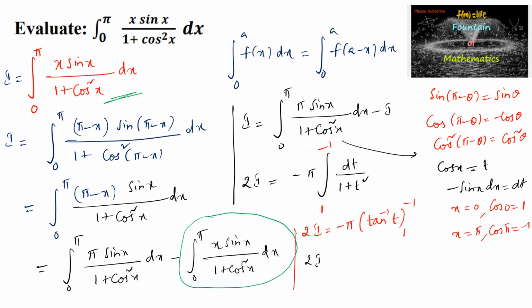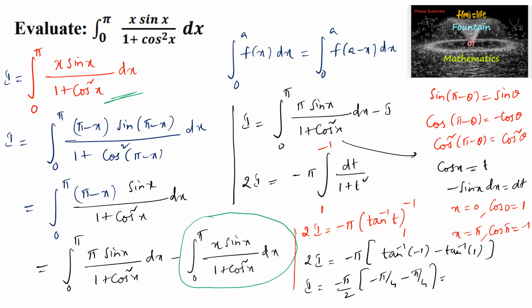So 2I is equal to minus pi of tan inverse of minus 1 minus tan inverse of plus 1, that is I is equal to minus pi by 2 times tan inverse of minus 1 is minus pi by 4 and tan inverse of 1 is pi by 4, that is minus pi by 2 into minus 2 pi by 4, or we can write pi square divided by 4. So the answer can be taken as pi square divided by 4.